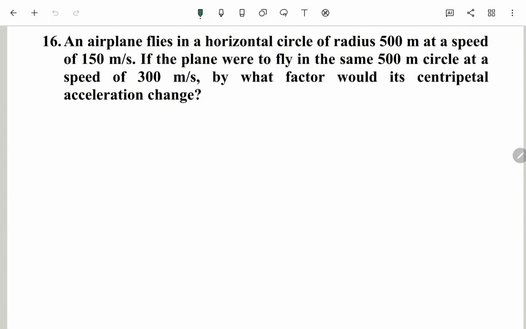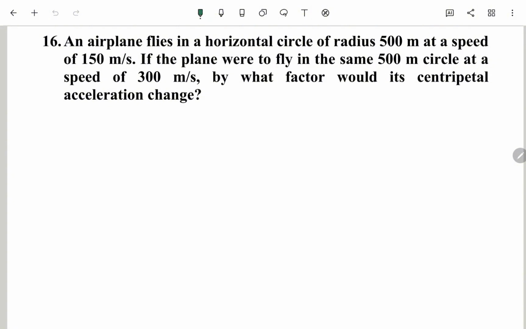Now in this situation, the speed of the airplane is 150 meters per second and it's rounding a horizontal circle with radius 500 meters. If the speed is doubled, what's going to happen to the centripetal acceleration?